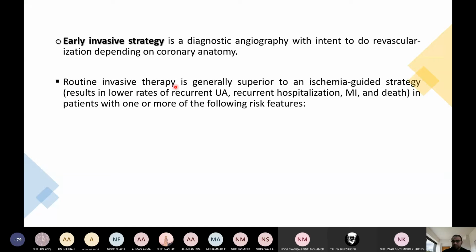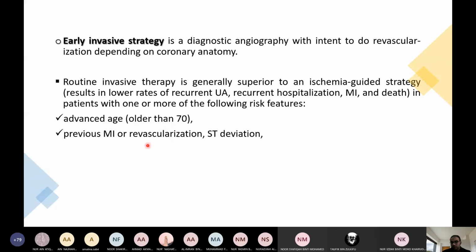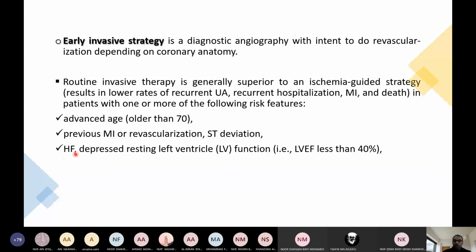The routine invasive therapy is generally superior to the ischemic guided therapy in patients with these risk factors, which all reflect patients with high risk. So: advanced age, older than 70, previous MI or revascularization, ST segment deviation, heart failure, left ventricular ejection fraction less than 40%, if you want to make it brief.